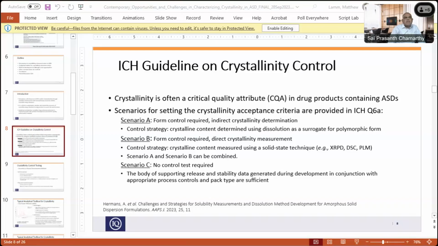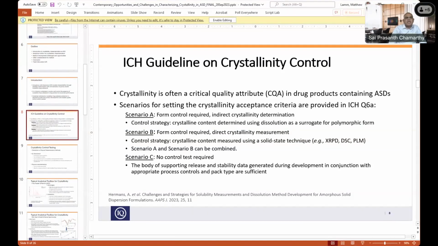One additional step could be to show that there is no effect on bioperformance, which can be achieved through a PK study. Once you have established those two steps, then essentially you do not need to control for crystallinity in the drug product or ASD on a routine basis.